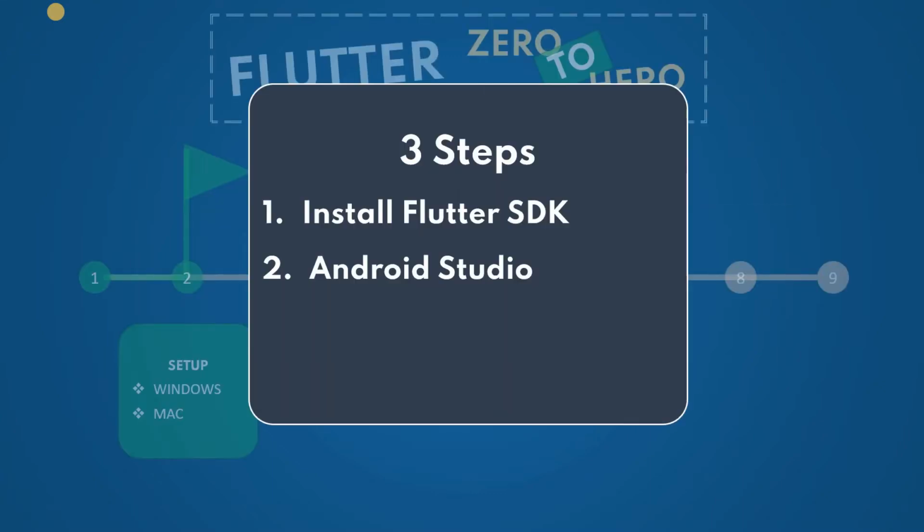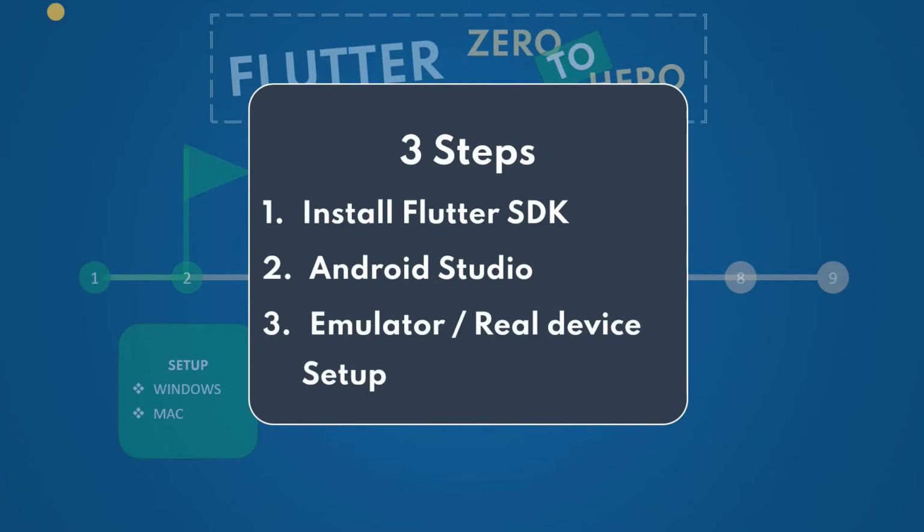Welcome again. In the previous video we have installed and set up Android Studio, and now in this video we will set up an emulator or a real device. Emulator means a virtual Android device will run on your desktop where you can run Android apps or iOS.